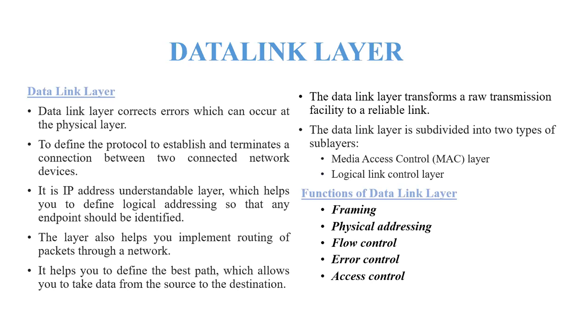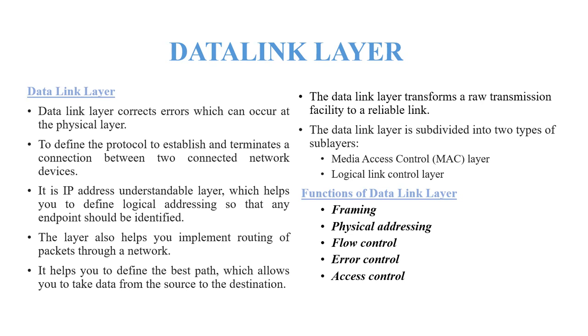Next comes the data link layer. The data link layer corrects the errors which can occur at the physical layer. It defines the protocol to establish and terminate a connection between two connected network devices. It is the IP address understandable layer, which helps you to define logical addressing so that any endpoint can be identified. The layer also helps you to implement routing of packets through a network.